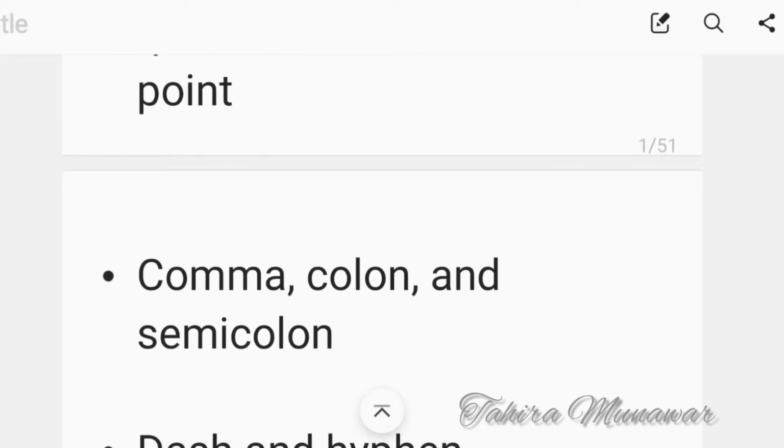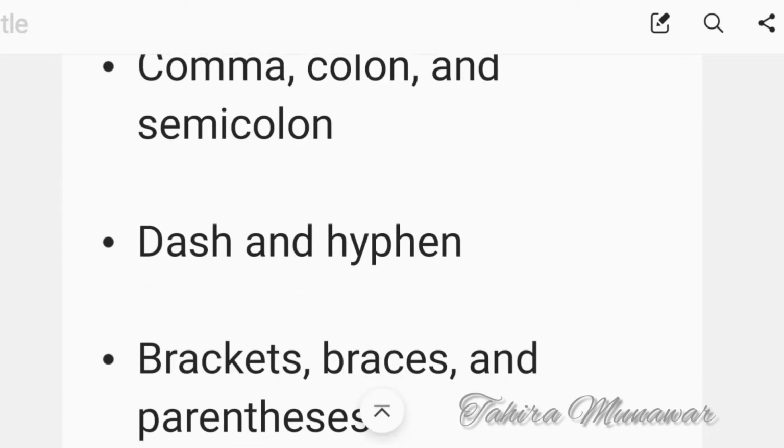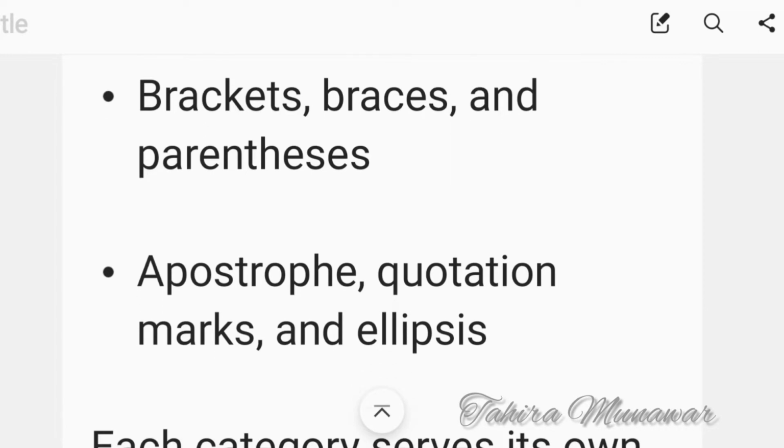Secondly, comma, colons, and semicolons, which are different forms of commas or separators. Dash and hyphen, brackets, braces, and parenthesis, apostrophe, quotation marks, and ellipses.